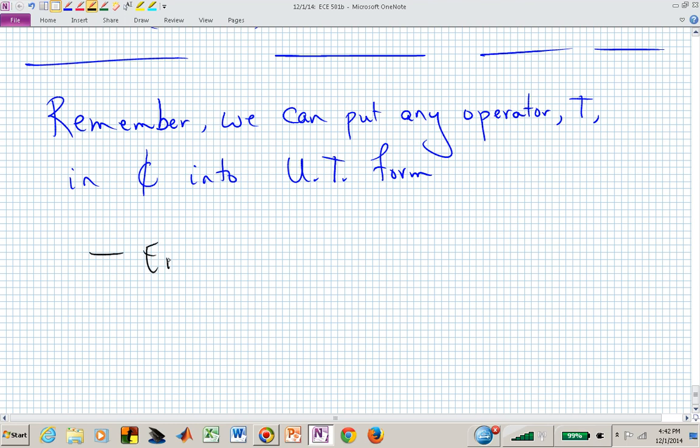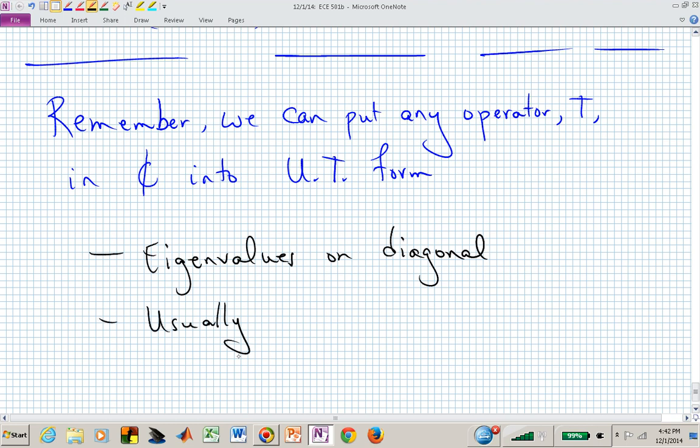That's one of the nice things about being able to find the upper triangular representation. The eigenvalues are on the diagonal. However, that upper triangular form or structure is usually not unique.